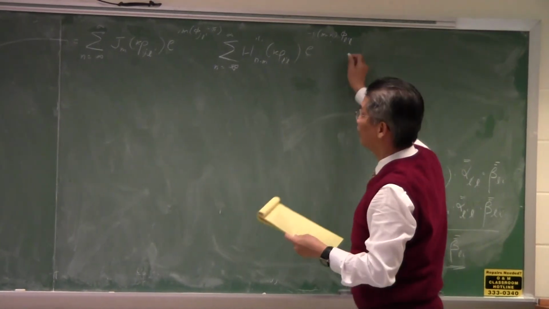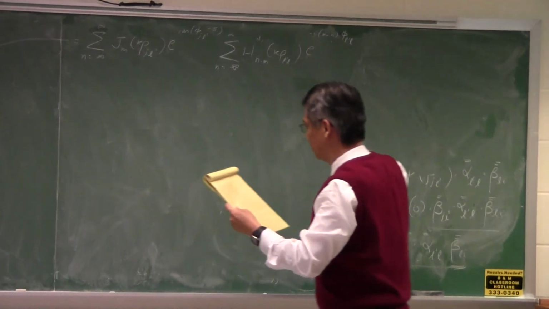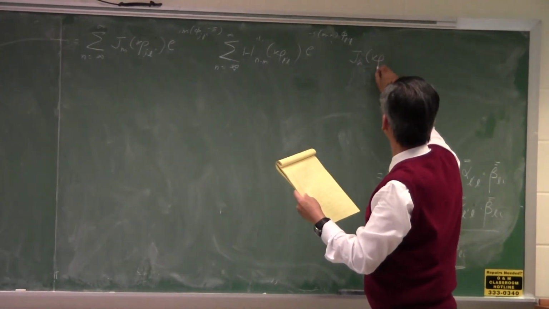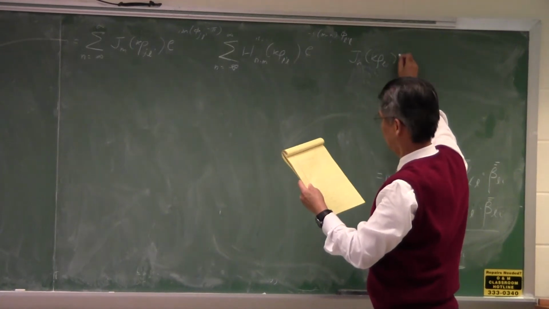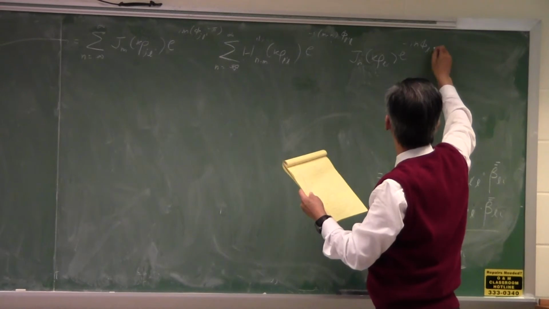And then the last one is this matrix multiplied by that vector, and you can write down the vector as such: J_n(k rho Li) e to the minus n phi Li.